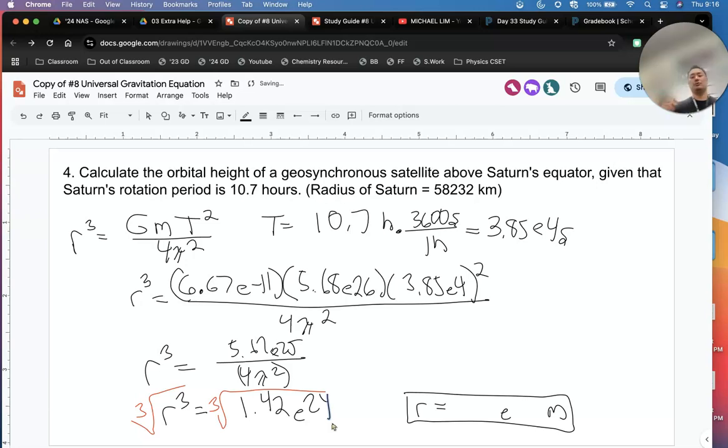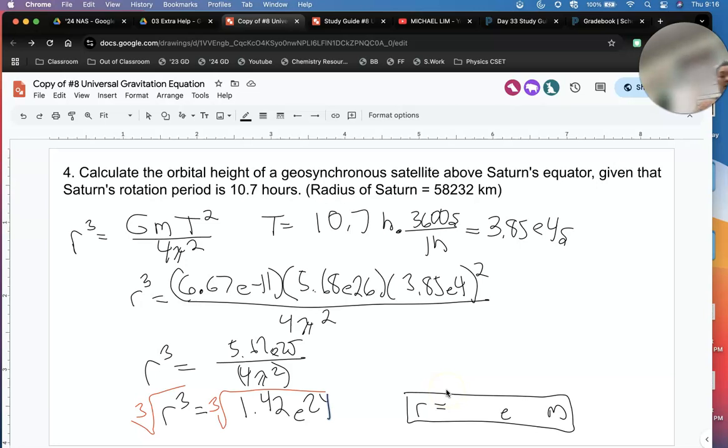Now we're going to cube root. So Elijah's up. You're going to take your calculator, put in 3, second, and then where the caret is for the exponents, that's your cube root. And then put in 1.42 E24.